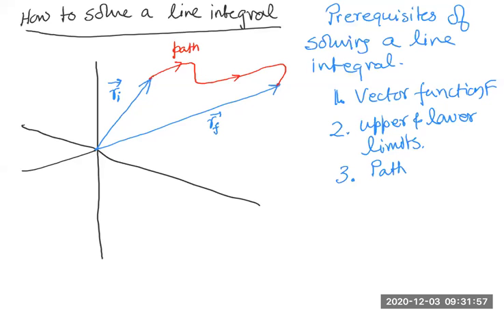So, with these three prerequisites, with these three pieces of information given to us, we can talk about how to solve a line integral. Yeah? So, I'm going to the next slide where I will show you the steps of solving a line integral.